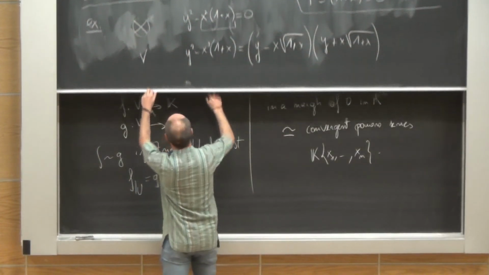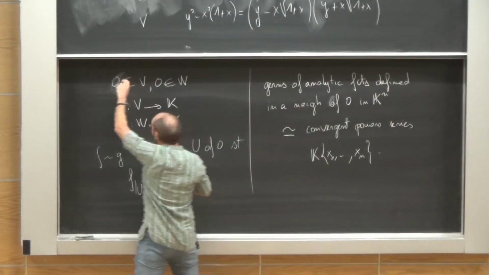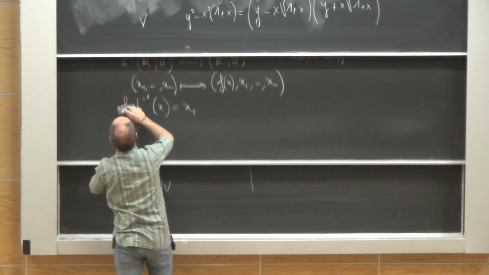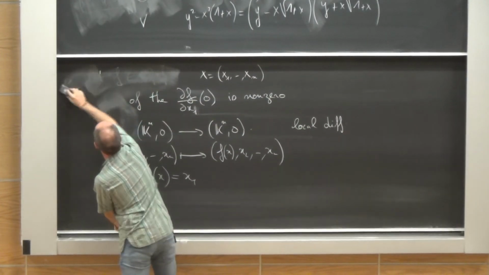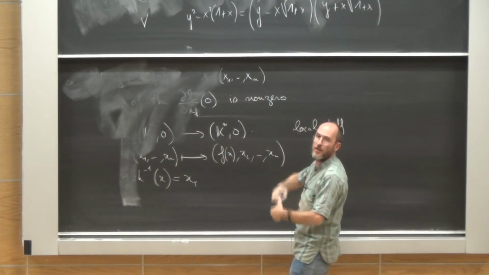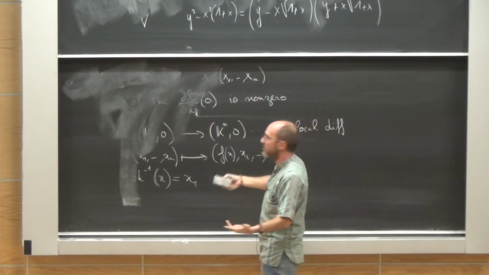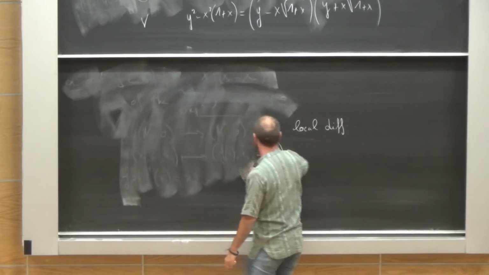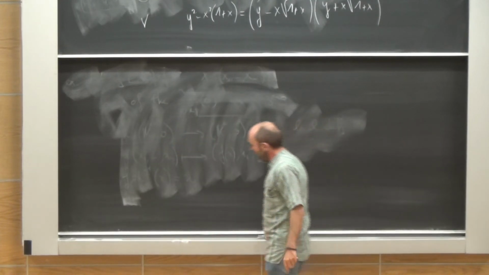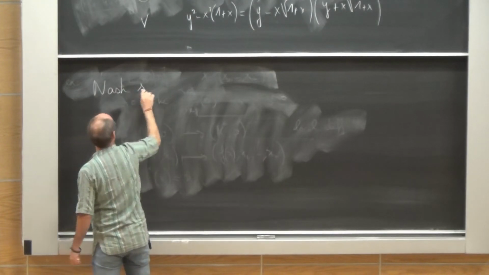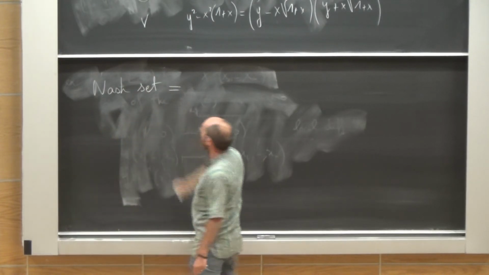What I mean by general fact is that Nash functions, or Nash series, yes, I can define also Nash sets. They are analytic sets defined as the zero locus of Nash series. So a Nash set is defined as the zero locus of Nash series.